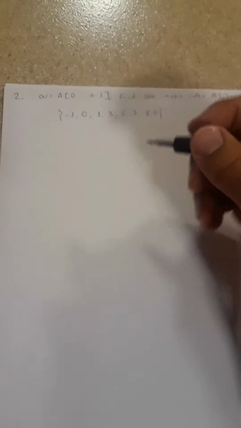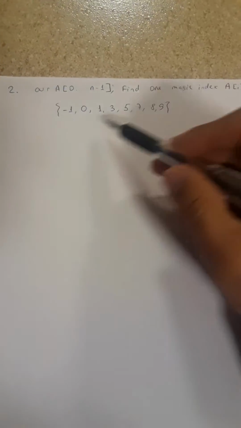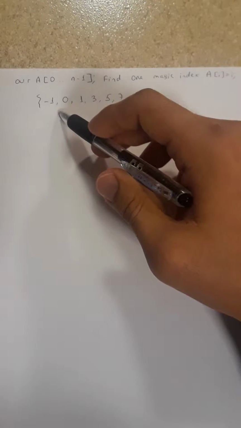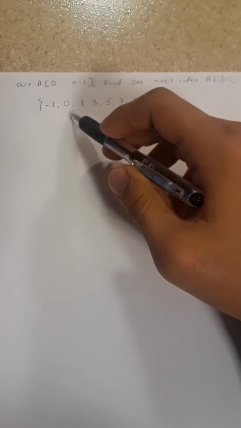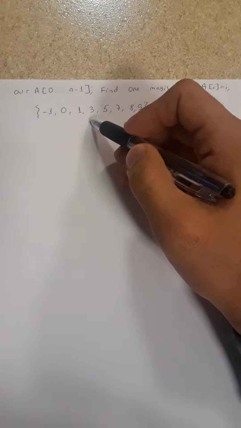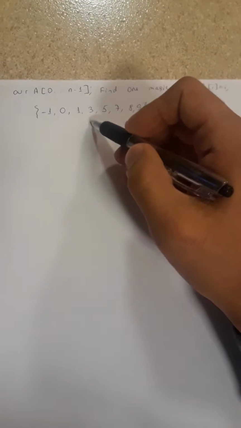So how does it work? For example, we have an array of numbers, and we have to find the magic index, meaning the element at a particular index is equal to the index itself.